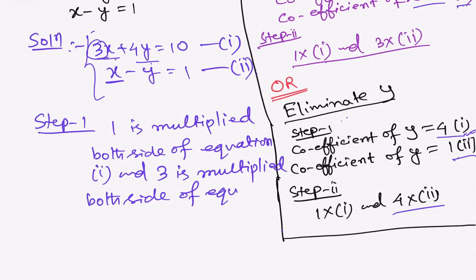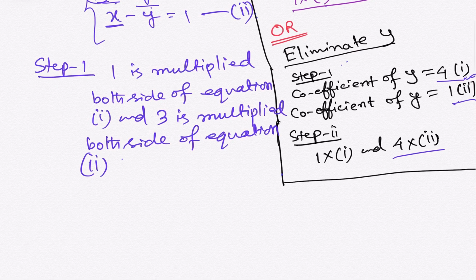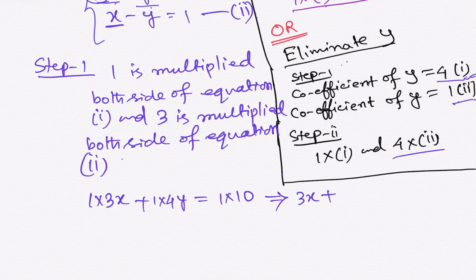So now our equation looks like 1 into 3 into x plus 1 into 4 into y equals 1 into 10. Simplifying the expression, we get 3x plus 4y equals 10. This equation is named equation 3.